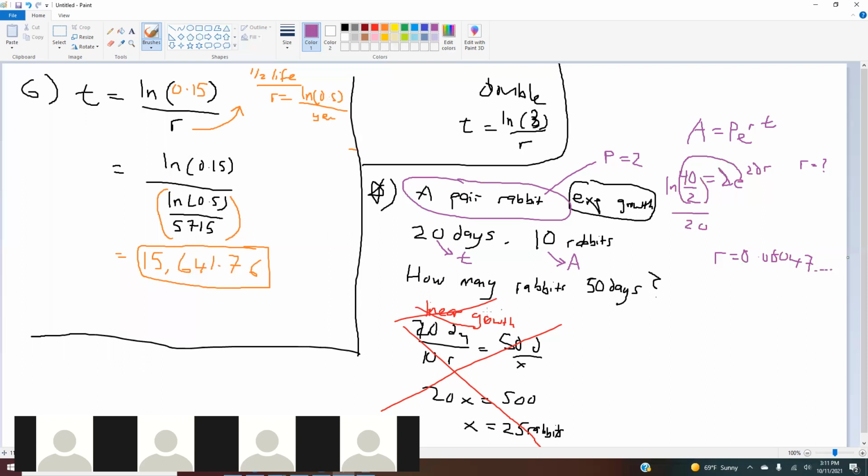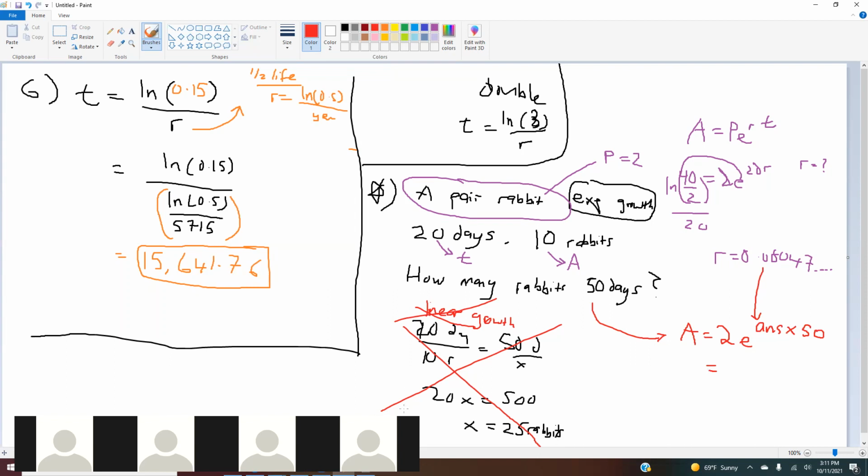So I want you to figure out how many rabbits we have after 50 days. So A equals 2, we still start with 2 rabbits, times e to the power of your rate, answer, good, times 50, because we are looking for 50 days.